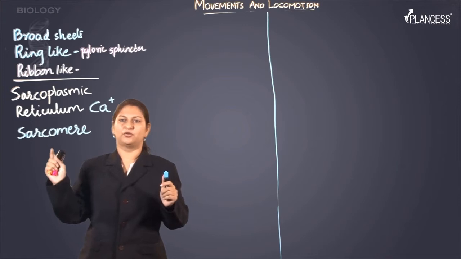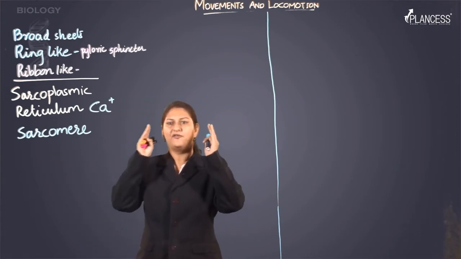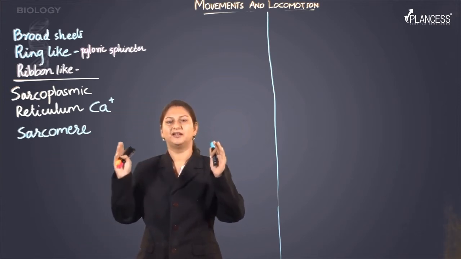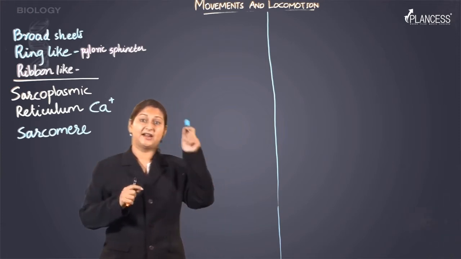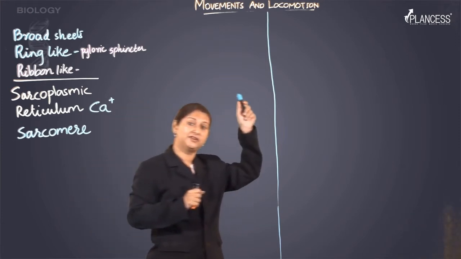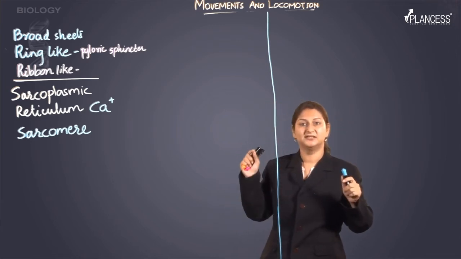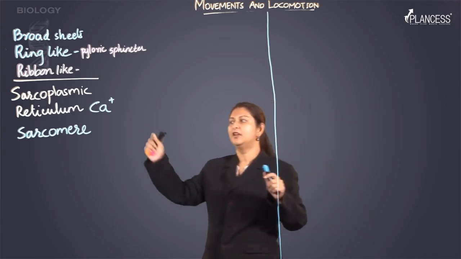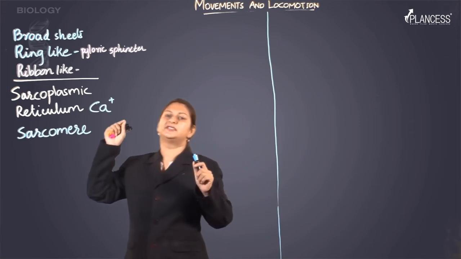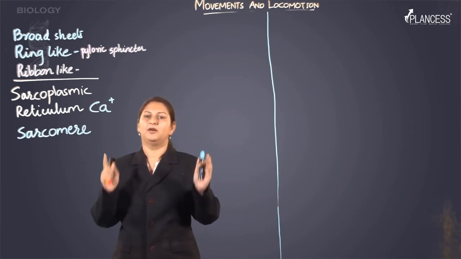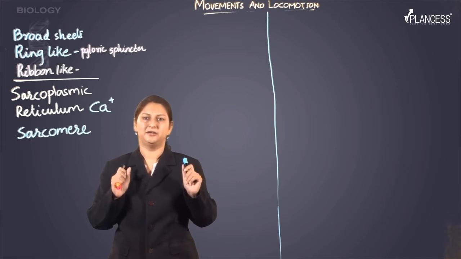Now, this sarcomere has a very distinct appearance. As I discussed earlier, in the first diagram where we introduced the skeletal or striated muscles, the sarcomere is depicting one unit of a striated muscle.